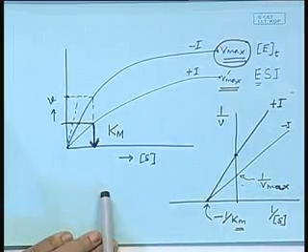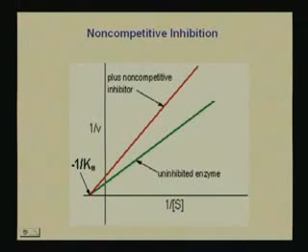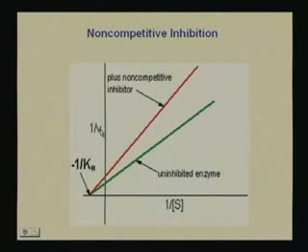For non-competitive inhibition, I have the Km the same, the Vmax different. Okay? So, why are the lines of the inhibitor always above the uninhibited enzyme? Because the reaction velocity is always slower in the presence of an inhibitor. Okay? So, when I am plotting the 1 by V, it has to be higher.